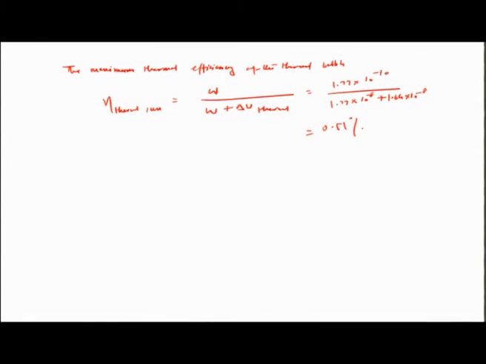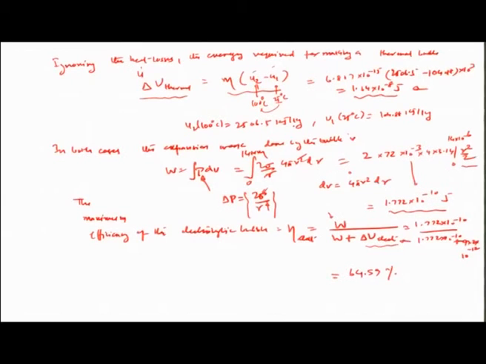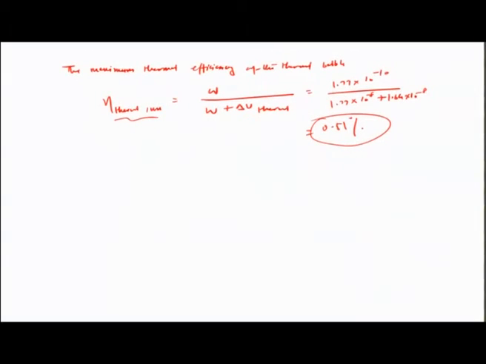If we compare these efficiency values, the efficiency for the thermal case is computed as 0.51%, and in the electrochemical or electrolytic case it is 64.59%. So, obviously, the electrochemical efficiency is more in comparison to the thermal efficiency.